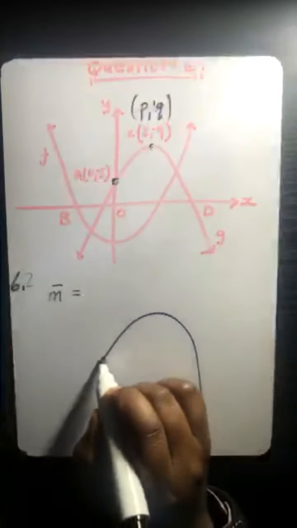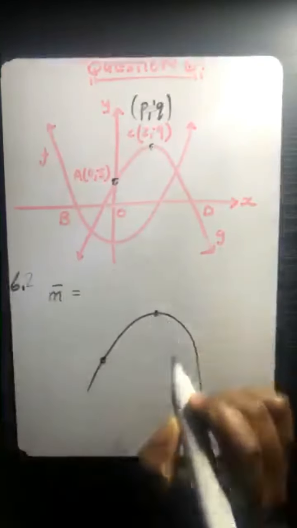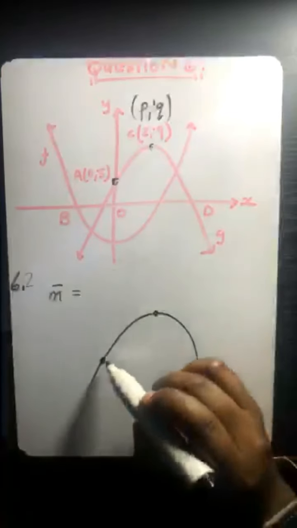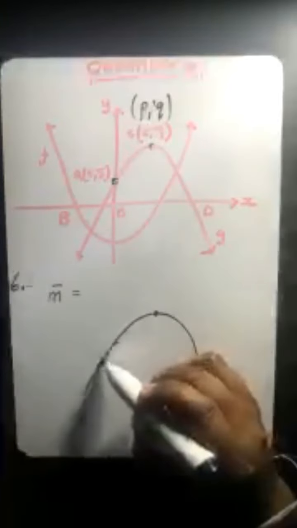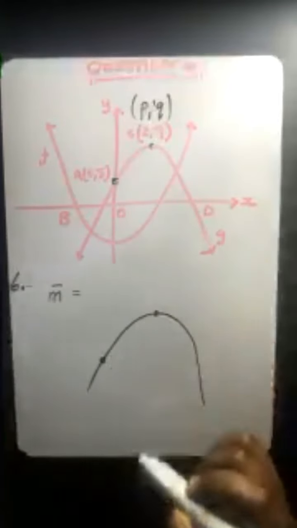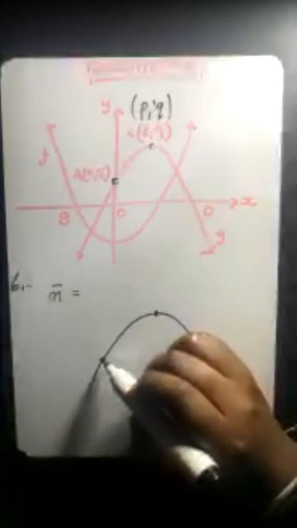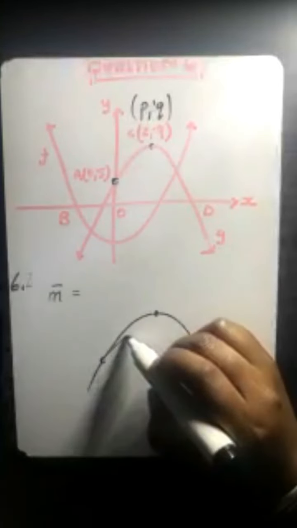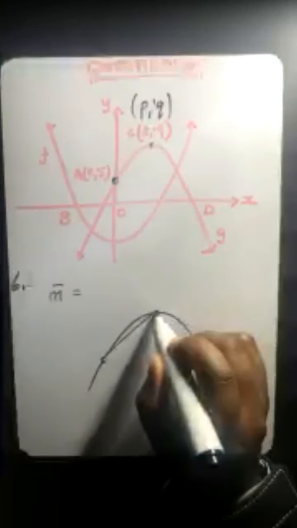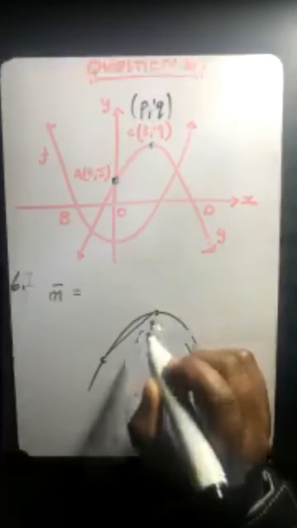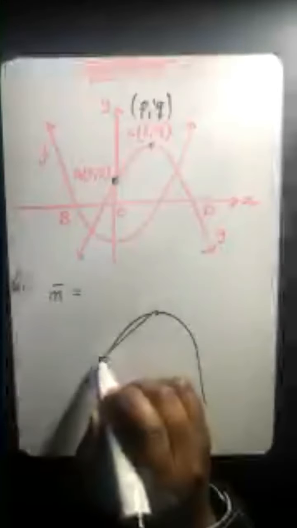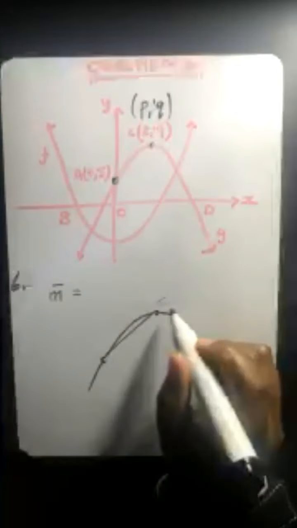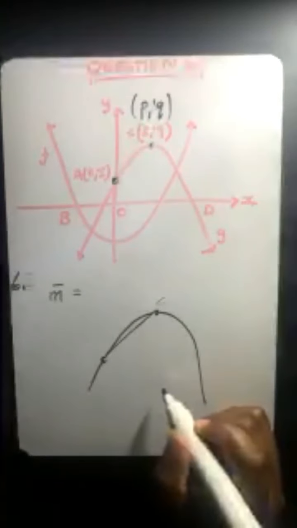Let's say this is A and this is C. Can you see that this is not a straight line? It's a part of a parabola which is curving there. So a straight line would be a point from there up to there. This straight line therefore represents an average gradient between this point A and that point C. That is why they had to mention average gradient.